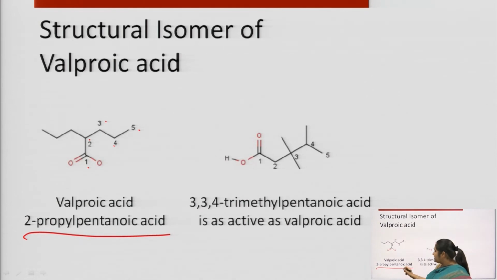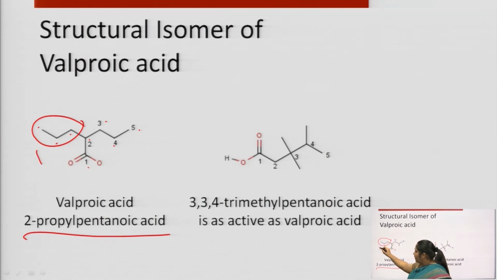At the 2 position we have CH2, CH2, CH3, so it is a propyl group. So, at the second position we have a propyl group, and it is known as 2-propyl pentanoic acid, or valproic acid.